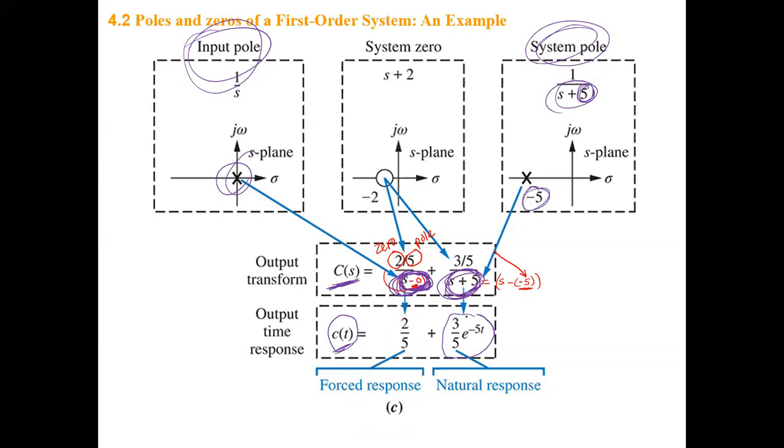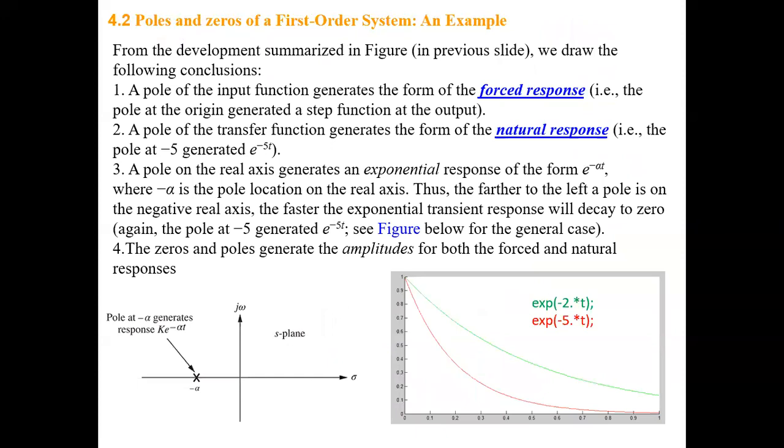Then the other one is the natural response. Without the input, we got some response. That's the natural response, and due to the input, you have the forced one. So we call them the forced response and the natural response.